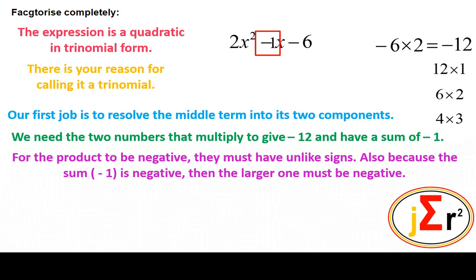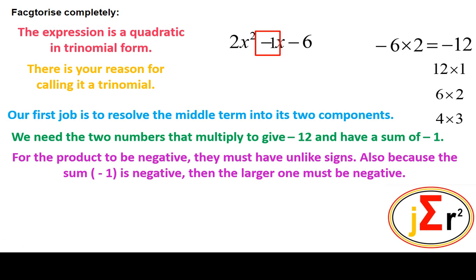Also, because this sum is -1, of course, which is negative, the larger one must be negative. When we are adding numbers with different signs, the answer will take the same sign as the larger. This is the result of adding the two numbers that we are in search of, which is negative.